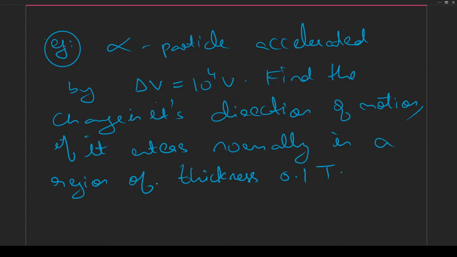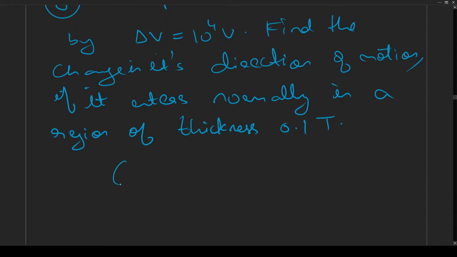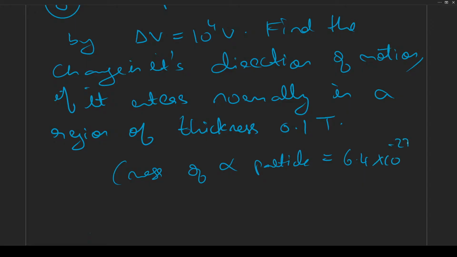The mass of the alpha particle is given. Mass of alpha particle is equal to 6.4 into 10 power minus 27 kg.